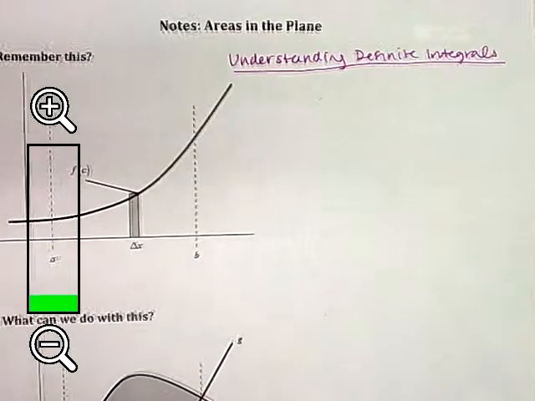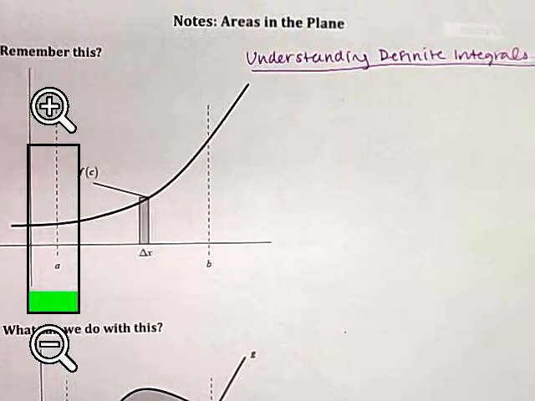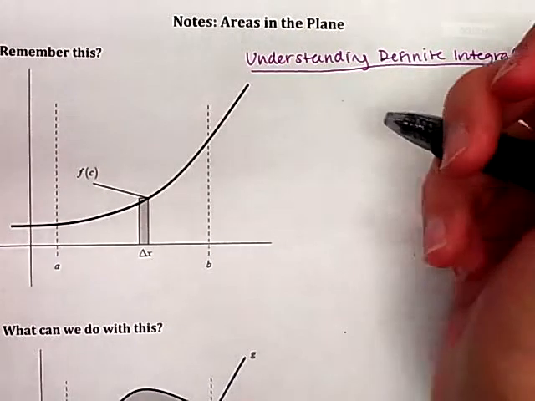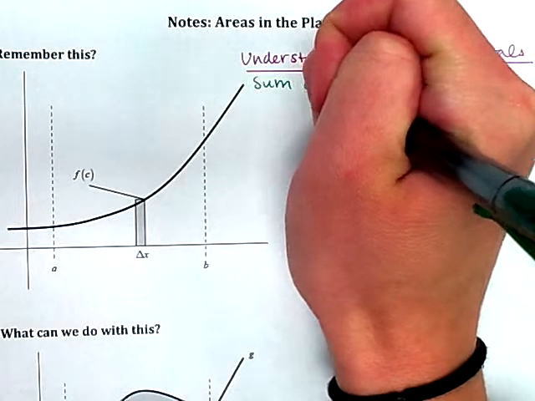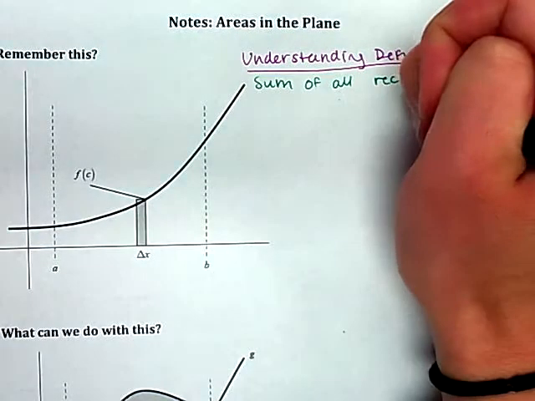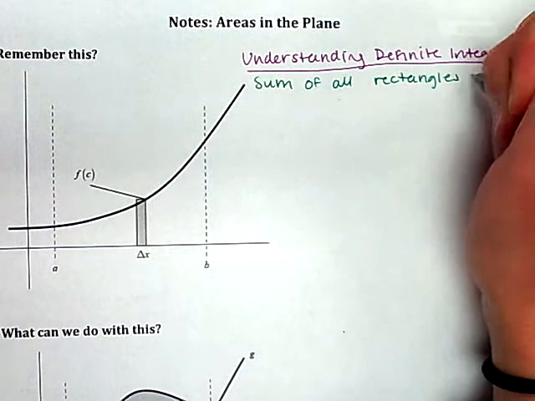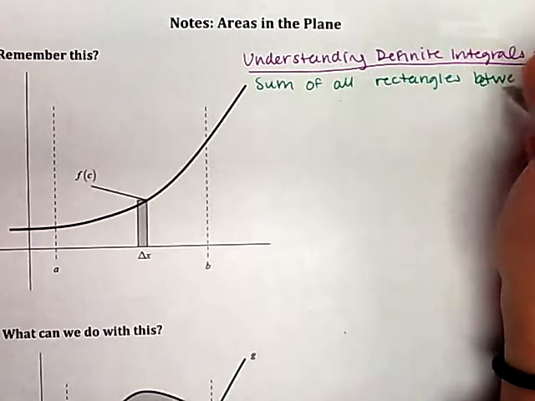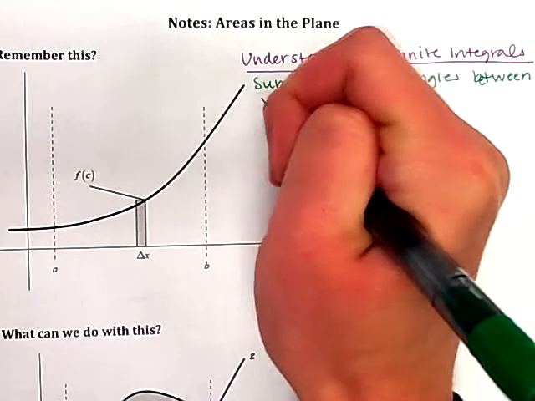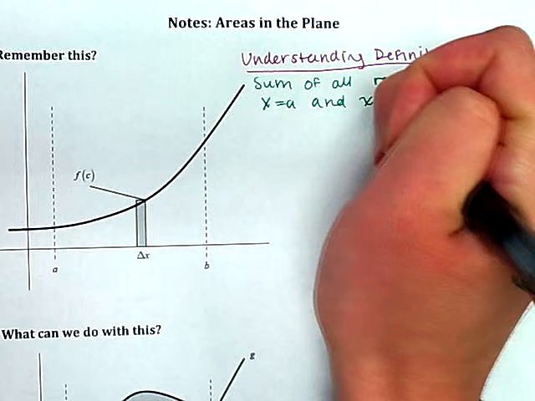So I'm just going to record what I just said. We think about definite integrals as the sum of all rectangles between x equals a and x equals b.